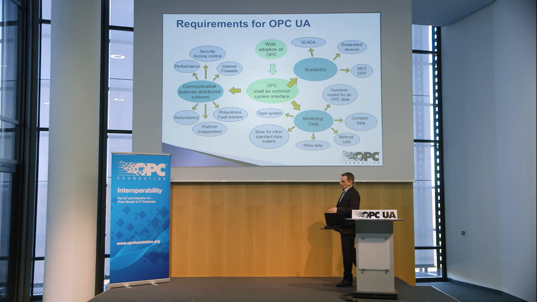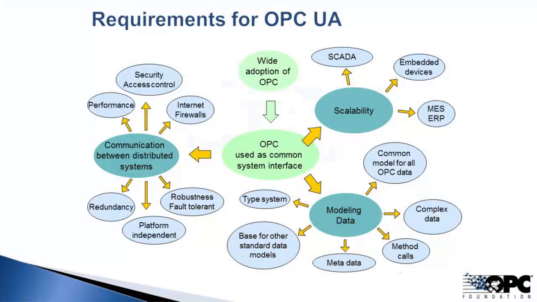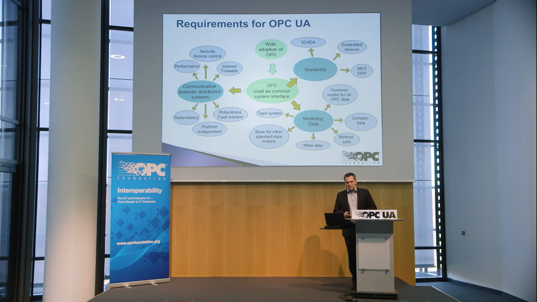In addition to those more protocol-specific details, we also need data modeling capabilities. This is one of the basic key features of OPC Unified Architecture. And we need that to describe the data that is inside the machinery. So we need a type system to describe types, and we need to describe instances.